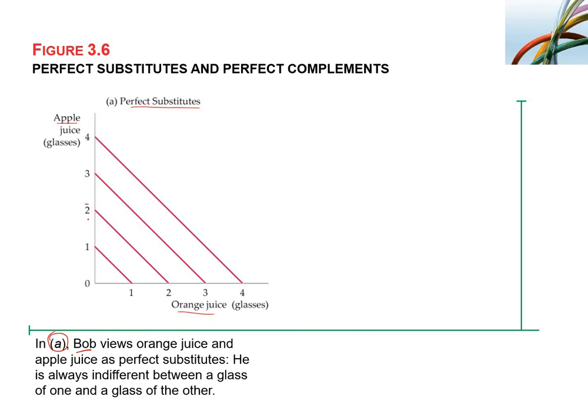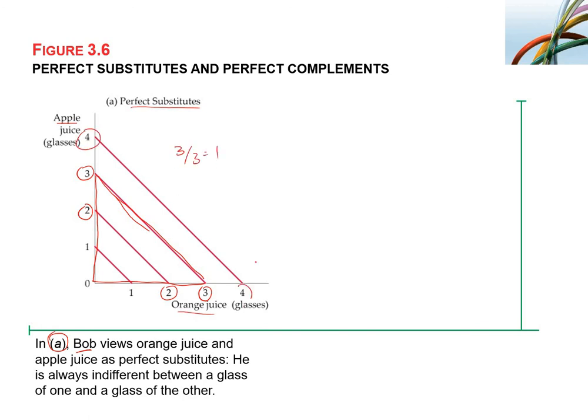So if here we have 2 glasses of apples, he will be indifferent between 2 glasses of oranges, and if we have 3 glasses of oranges, he is indifferent between 3 glasses of oranges and 3 glasses of apples. So here the marginal rate of substitution, which is calculated by rise over run, 3 over 3, okay, 3 over 3 is equal to 1.